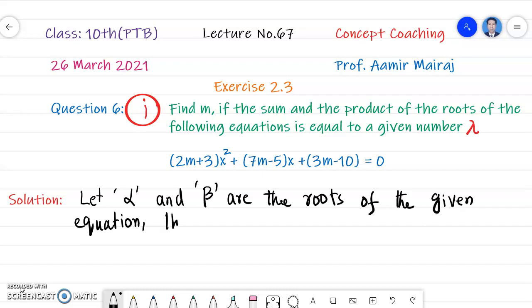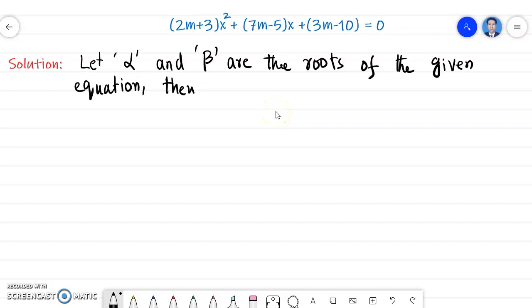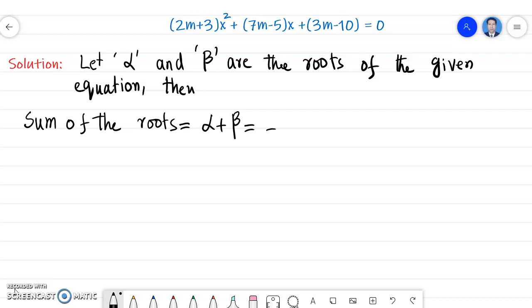Then the sum of the roots, alpha plus beta, is equal to minus b over a.